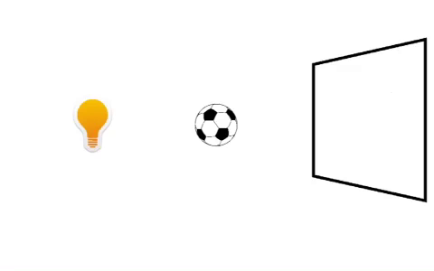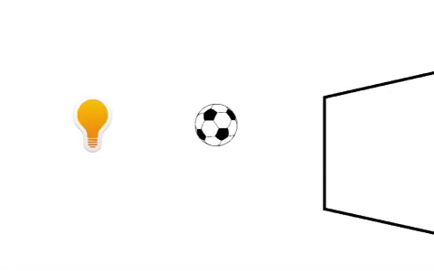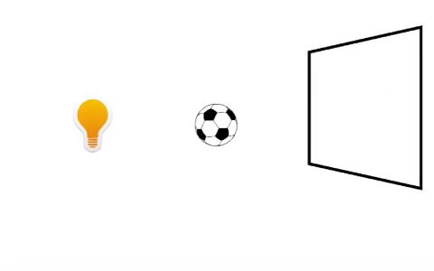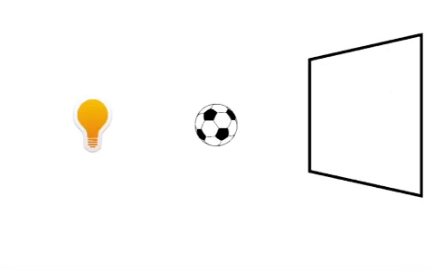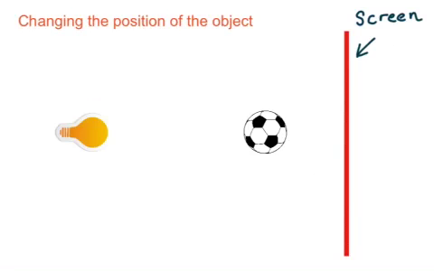In order to explain better, I will not be using a 3D screen as shown here, but I'll be using a side view of the screen as shown in the next picture. First, let us examine how changing the position of the object will affect the size of the shadow on the screen. Let's say that we have the ball here, and when the ball is placed in this position, it will cast a shadow.